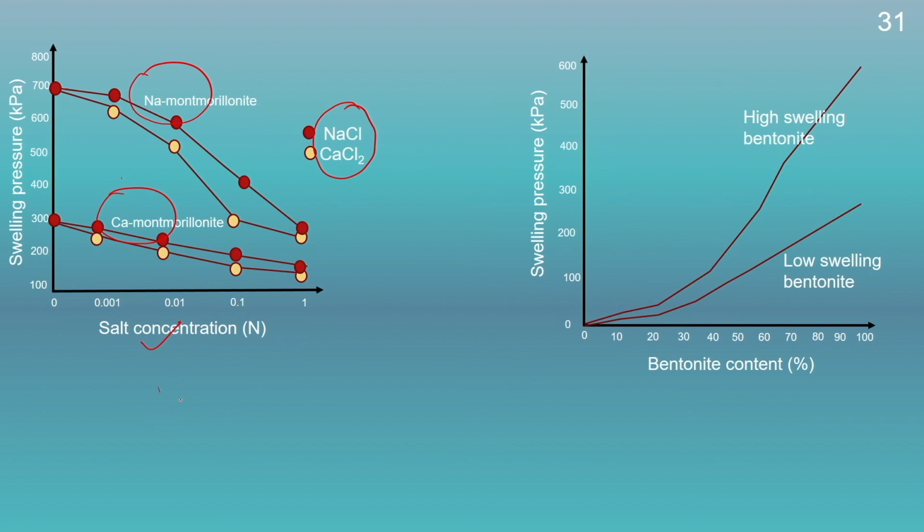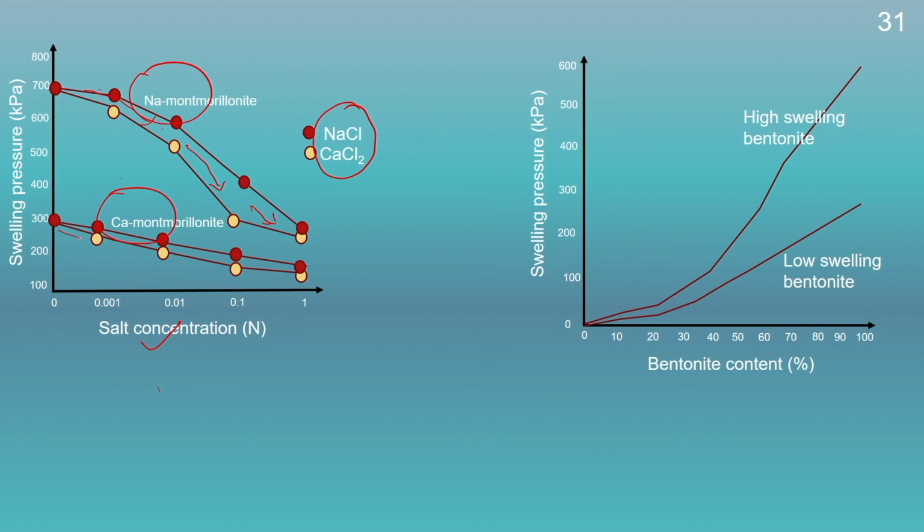As we know that diffuse double layer thickness is inversely proportional to the salt concentration, that means higher is the concentration, lower is the diffuse double layer thickness, and lower is the diffuse double layer thickness, lower will be the swelling tendency. Therefore, lower will be the swelling pressure. That is why the swelling pressure of the montmorillonite keeps on decreasing with increase in the salt concentration.